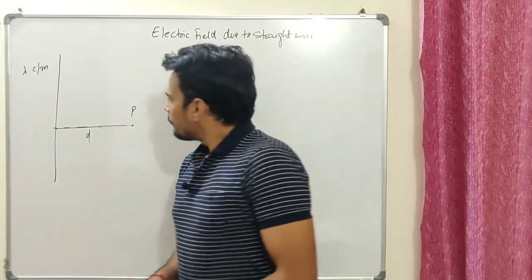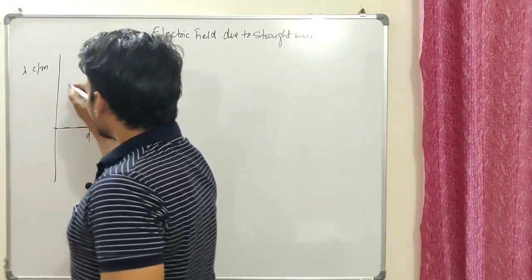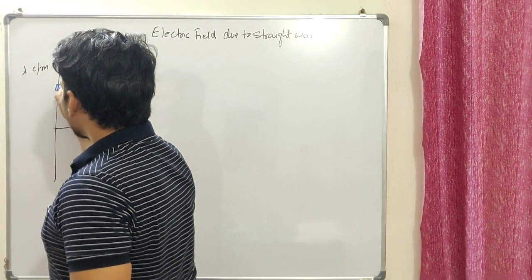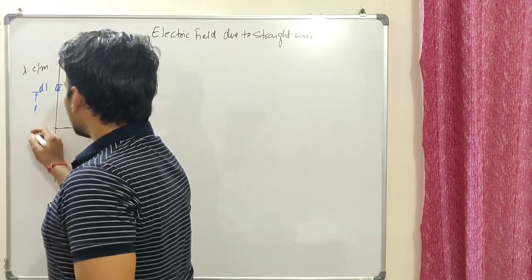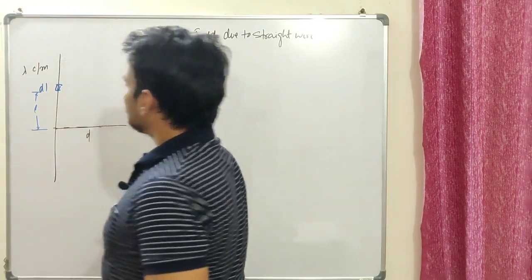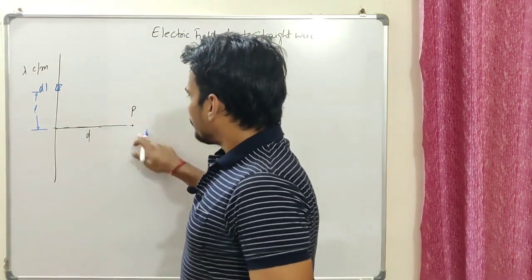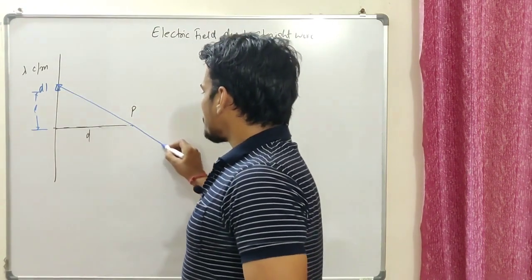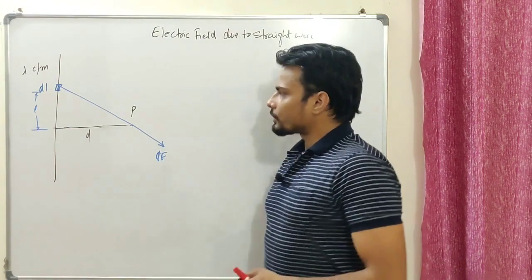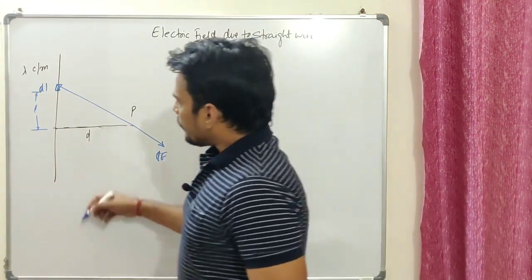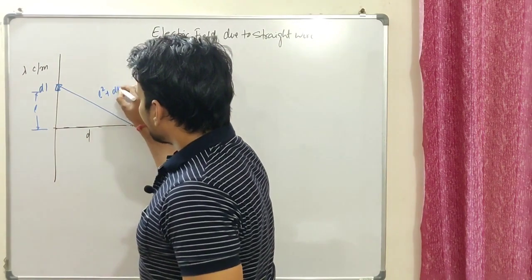Alright, then fair enough. So what I'm going to do now, guys, is choose a small element over here. Let's say some small element of length dl at a distance of, let's say, L from this point. The distance of this elementary particle from this point is going to be this, and the field, let's say small dE, is in this direction. Let's say this is D, this is L, then this distance would be the square root of L square plus D square.